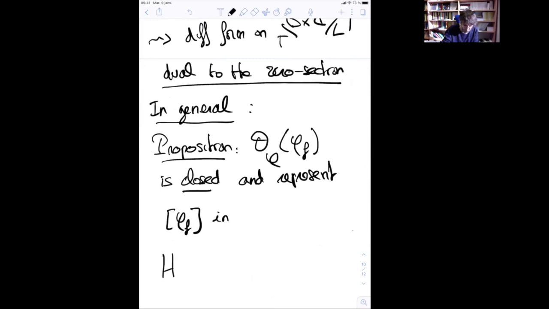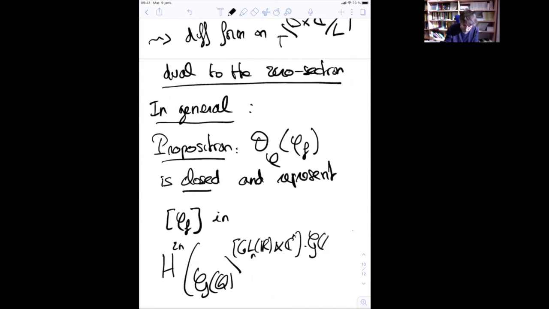I write it here. So the quotient of GL_n(R) divided by S^1 and L_F.